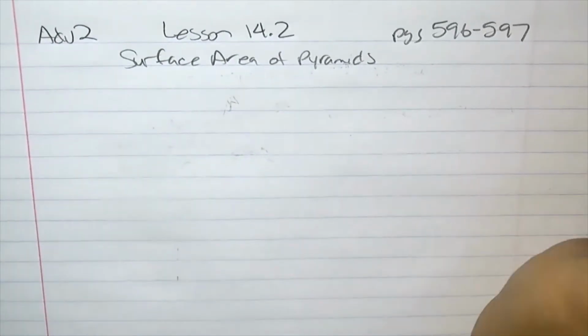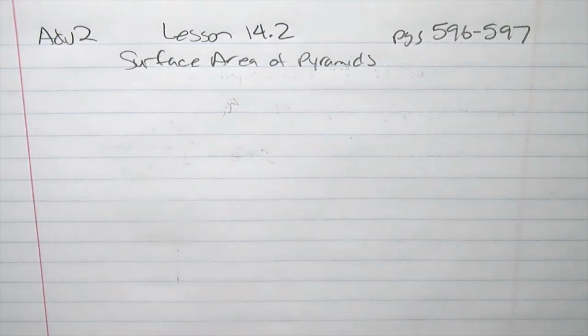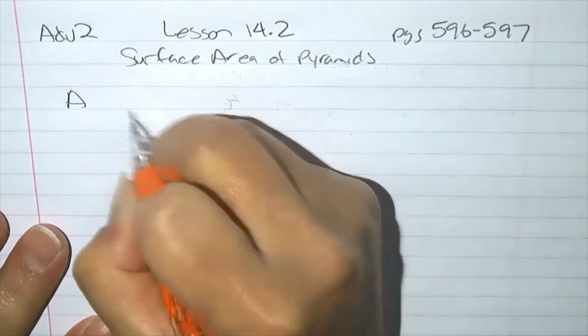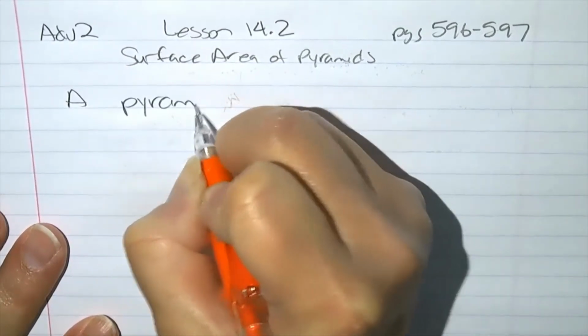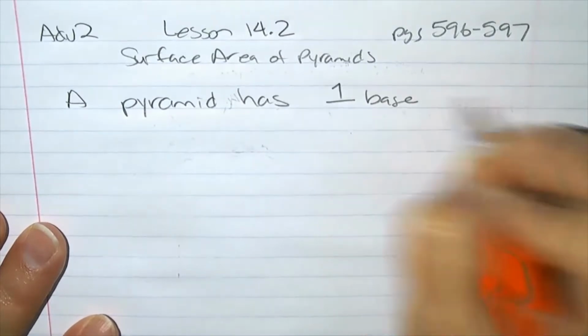So yesterday we were doing surface area of prisms. And we said prisms had 2 congruent bases, a top and a bottom, right? Well, today we're doing surface area of pyramids. And a pyramid has only 1 base.